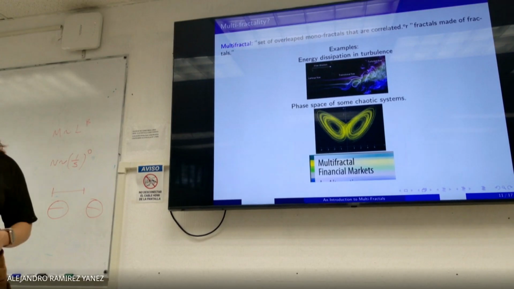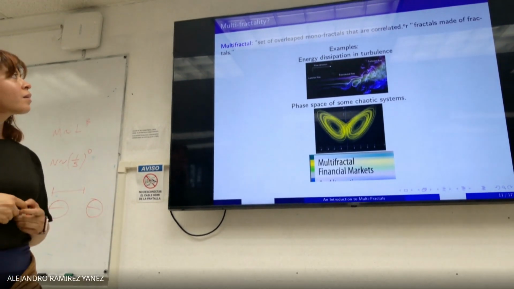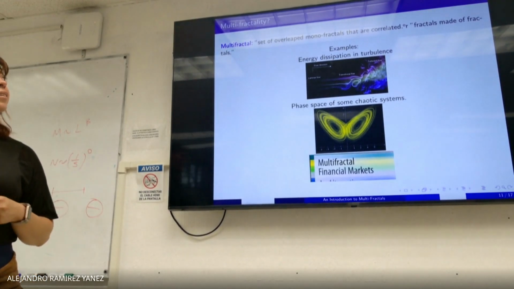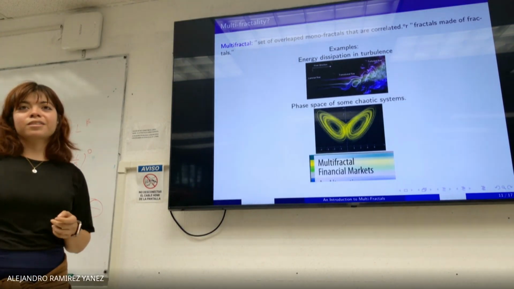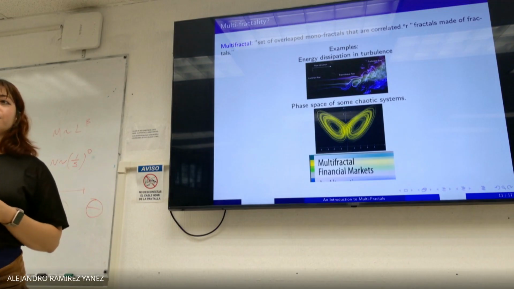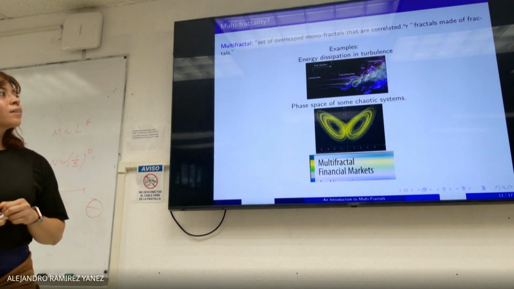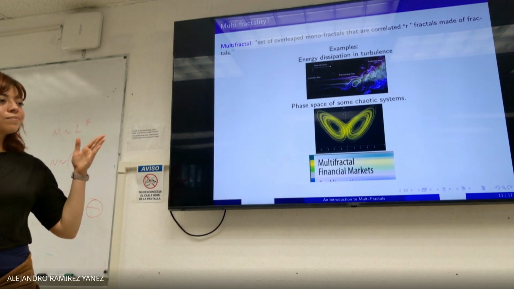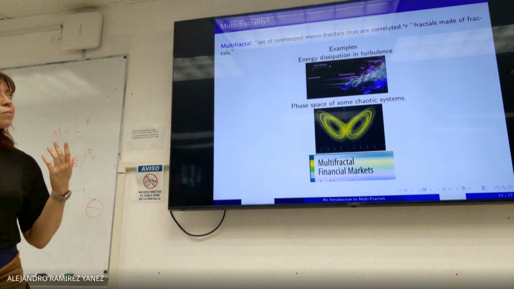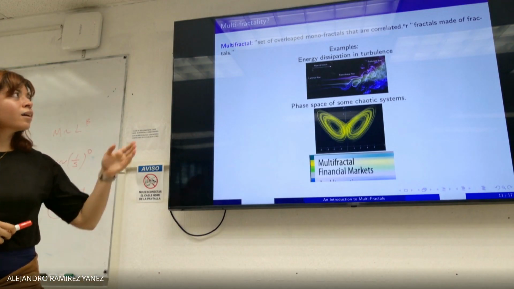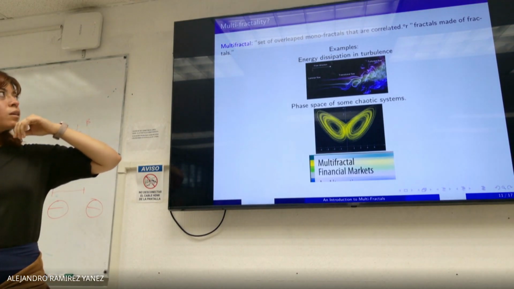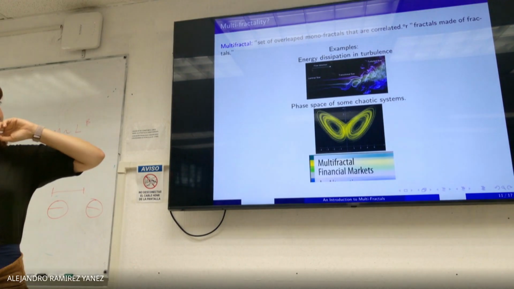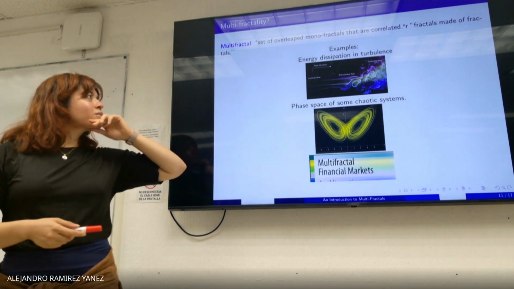So now we go to multifractals. Multifractals are defined in papers and everywhere by measures. But if you make a physical description of it, it can be seen as overlapping monofractals that are correlated, or fractals made of fractals. It will maybe be clearer later.